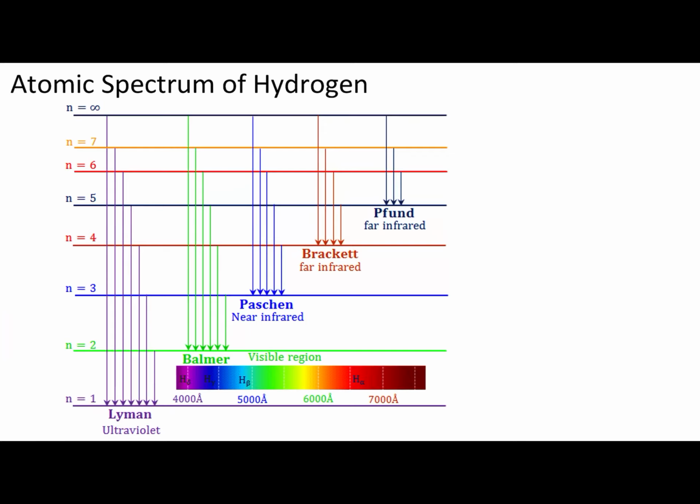The Lyman series lies in the ultraviolet region. The Balmer series is observed in the visible region. Paschen, Brackett and Pfund series are observed in the infrared region. Only the hydrogen atom has the simplest line spectrum. Line spectrum becomes more and more complex for heavier atoms.